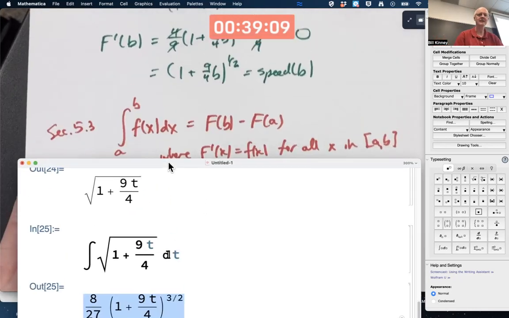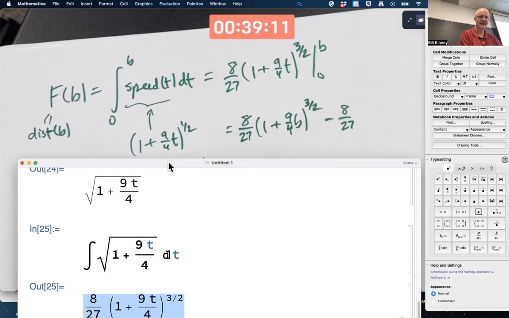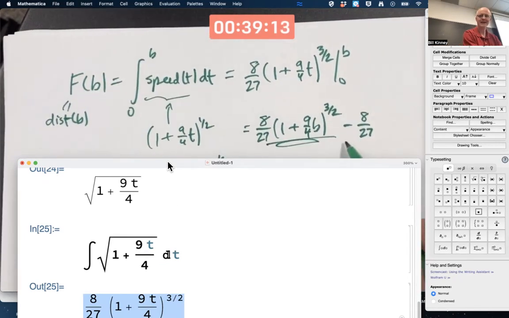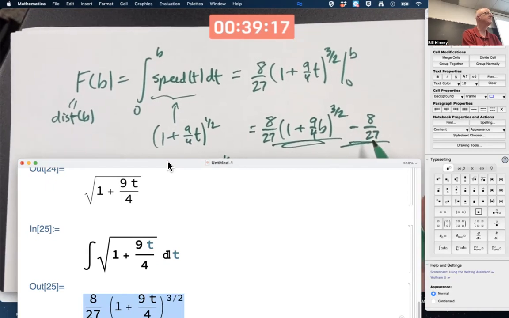We got by hand essentially that thing, but then minus 8/27. You have to subtract the 8/27 so that the distance traveled at time 0 is 0. Plug in t equals 0 here, you'll get 1 to the 3 halves. You ultimately get 8/27 minus 8/27, 0.